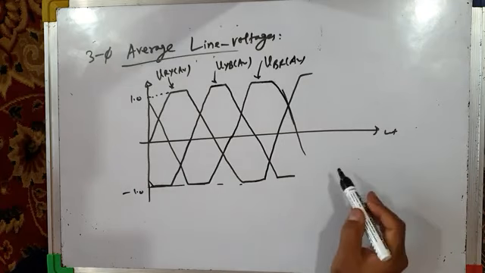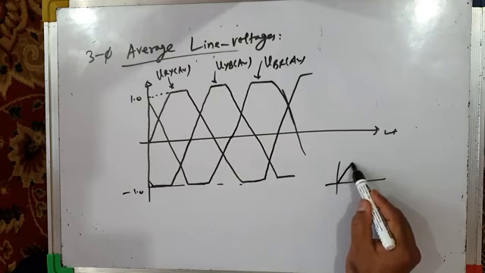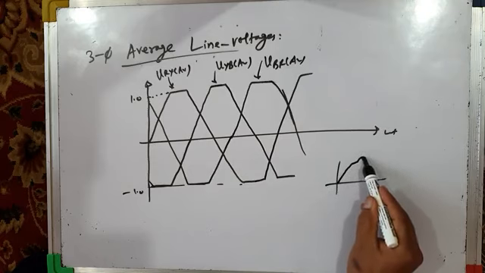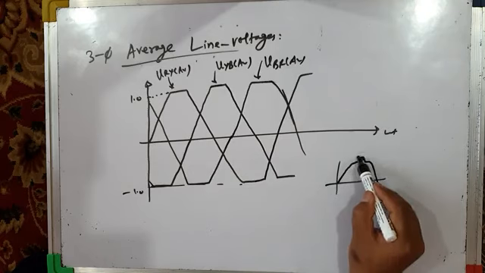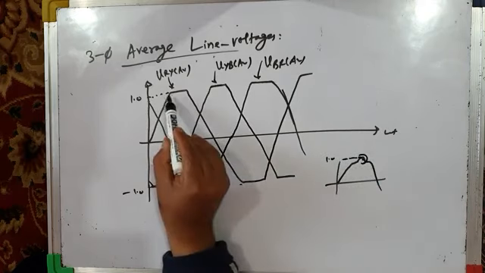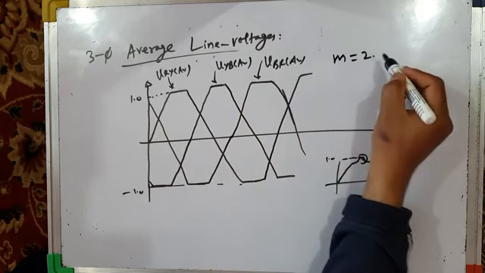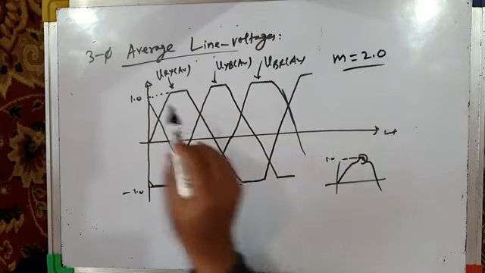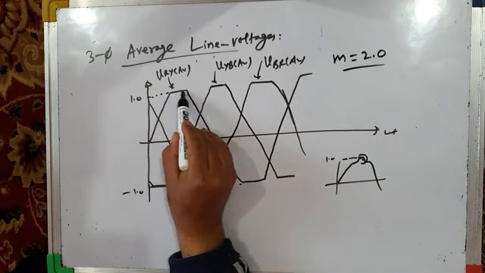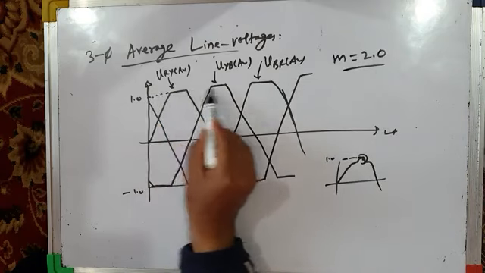In the previous case, for m equal to 1.2, the line voltages were like this. It was clamping to, it was equal to 1.0 for a very small period of time. But in this case, since modulation index is very high, it has increased from 1.2 to 2.0. The period for which your three line voltages are equal to 1.0 increases.